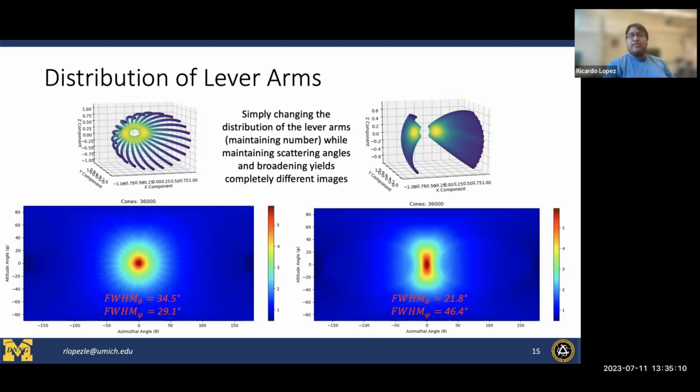Over on the left, it's fairly symmetric and fairly equal with respect to the theta, the azimuth and altitude directions, but we see a pretty significant change over on the right, where the altitude direction was severely degraded, and you get this kind of squish or elongation along that particular direction based on this distribution.